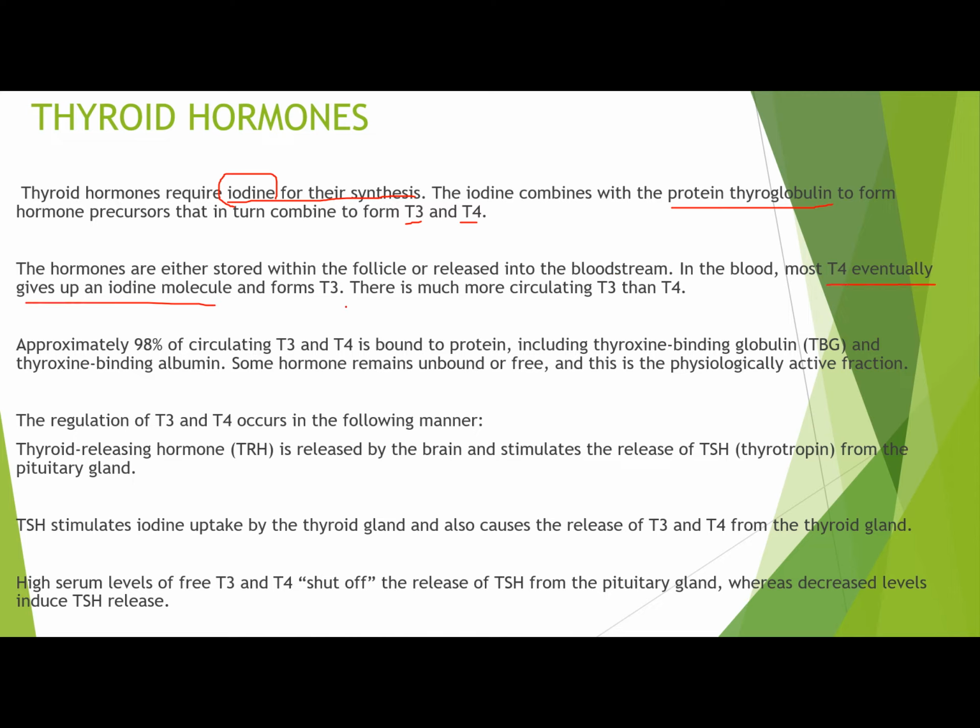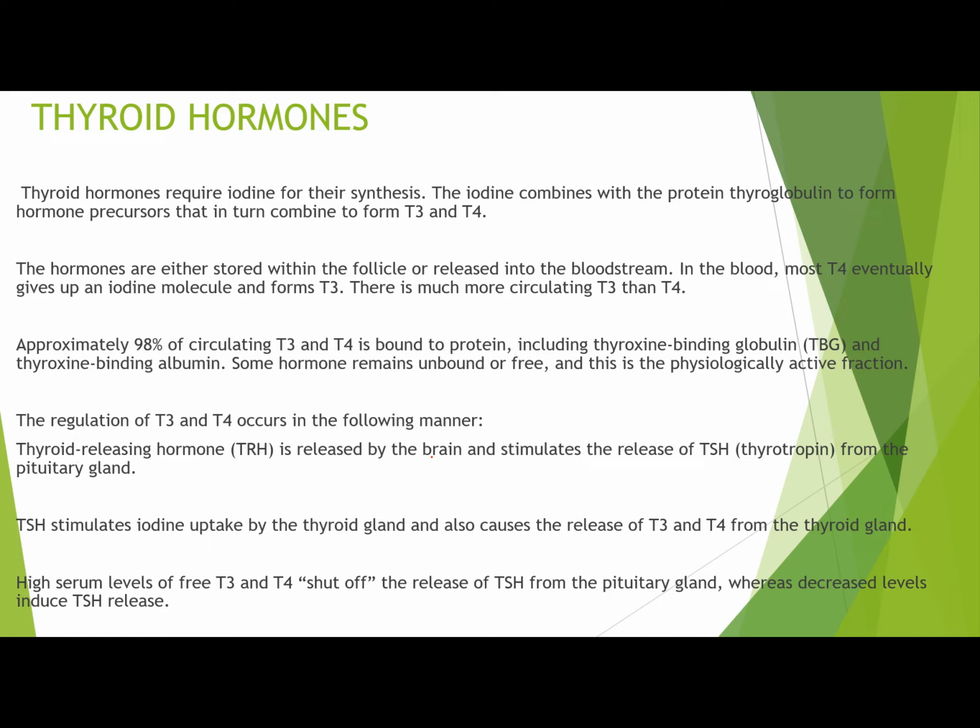Pakitandaan yung class, yung physiologically active function nyo are the free hormones known as yung free T3 and free T4. Yan yung mga unbound. Hindi sila naka-attach sa TBG, sa TBA. Now, the regulation of T3 and T4 occurs in the following manner.